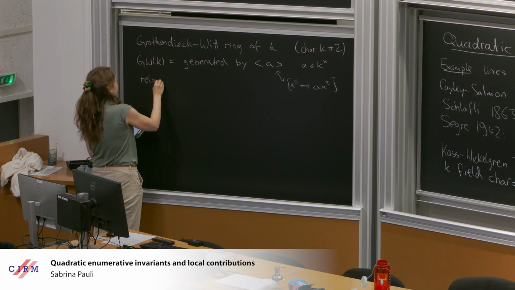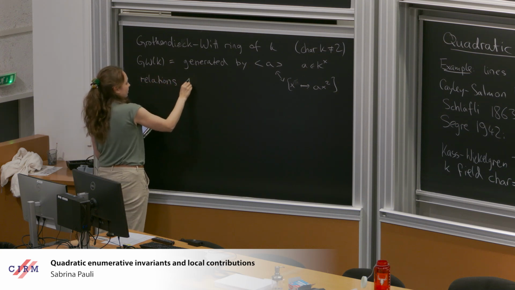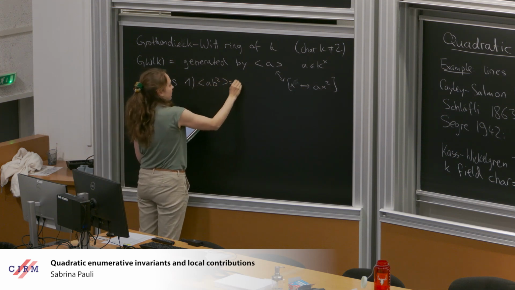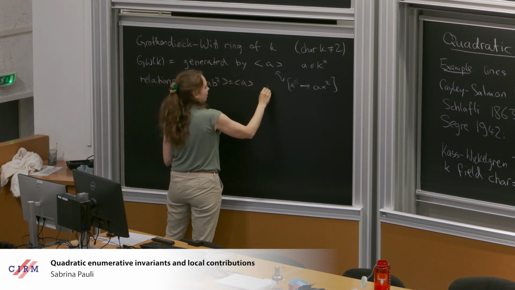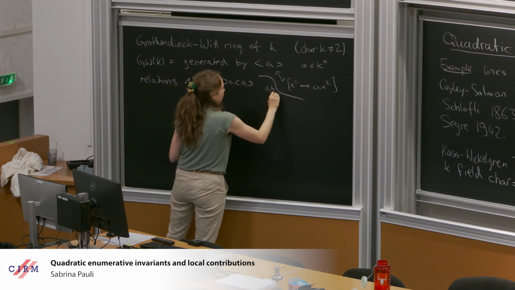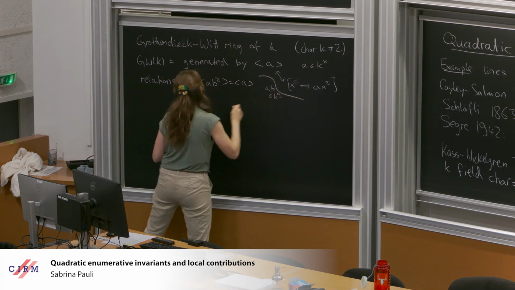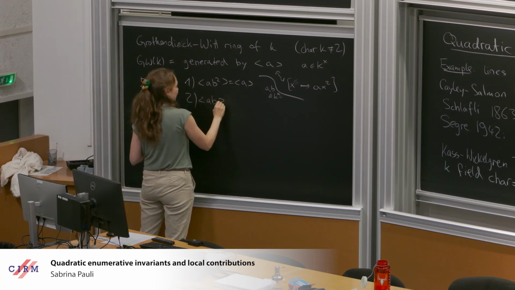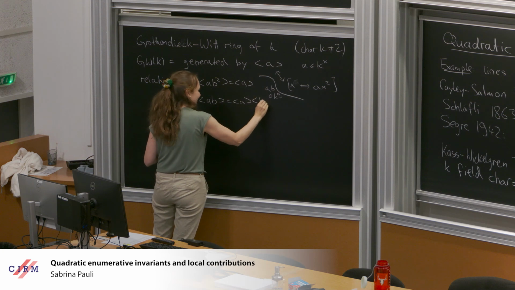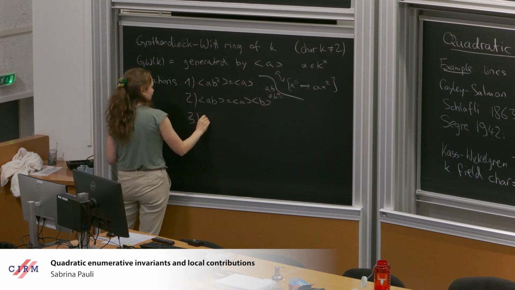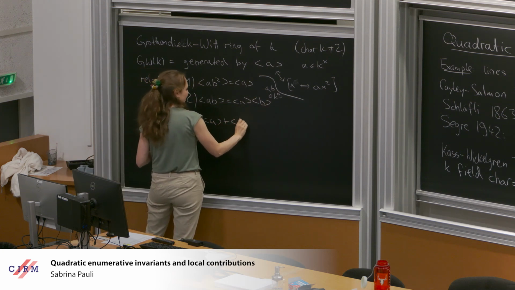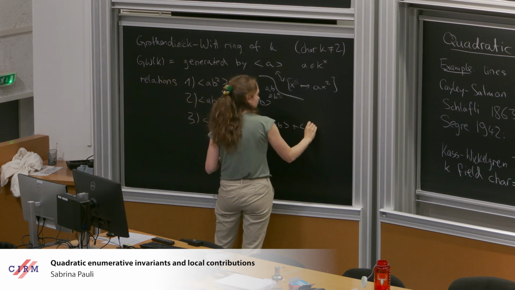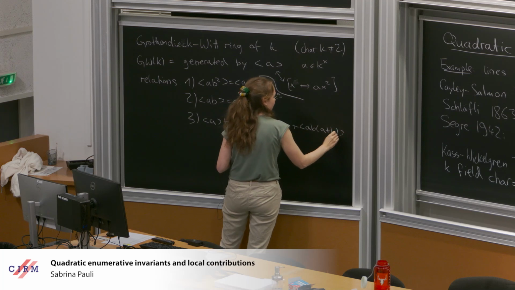And we have a couple of relations in here, namely a b squared is the same as a for a, b units. a times b in brackets is a in brackets times b in brackets. a in brackets plus b in brackets is the same as a plus b in brackets plus ab(a plus b) in brackets.